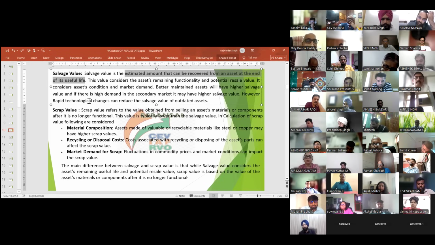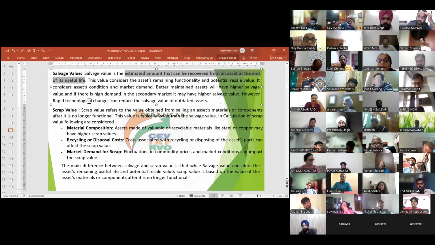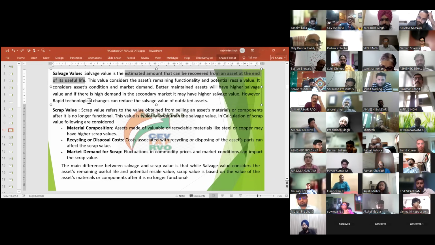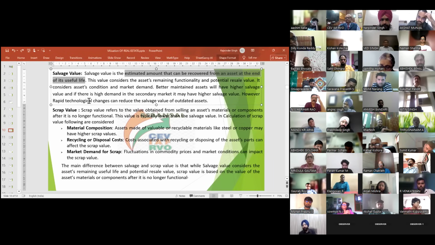So it will be viable if you sell that car and buy a new car. If you sell that car as it is, you have got salvage value. Though it can still be used further, it cannot be used economically. So the amount you got is called salvage value.